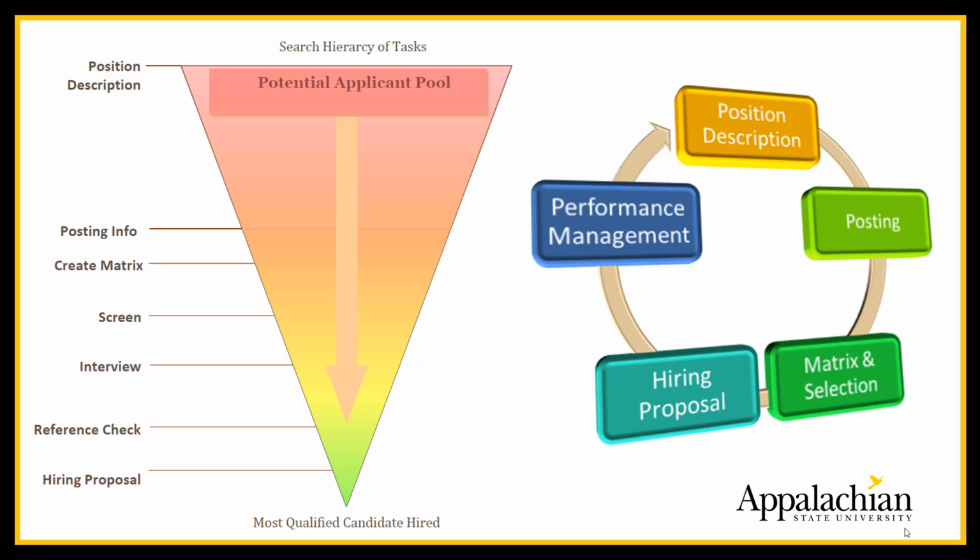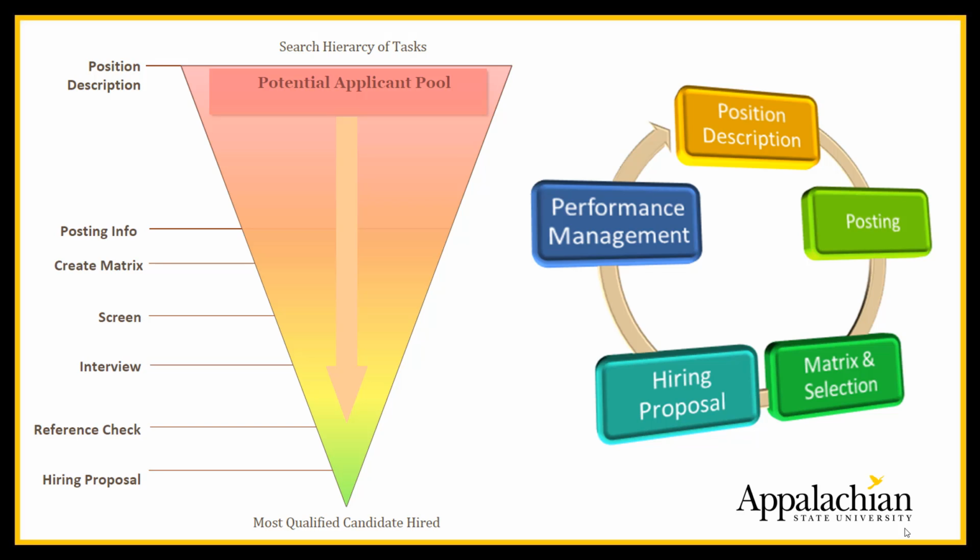Here's another outline of how this cycle is so important. It all starts with a position description, which drives the posting. The posting attracts the talented pool that you wish to hire from. And the position description helps you develop and create the matrix and go through the selection process.